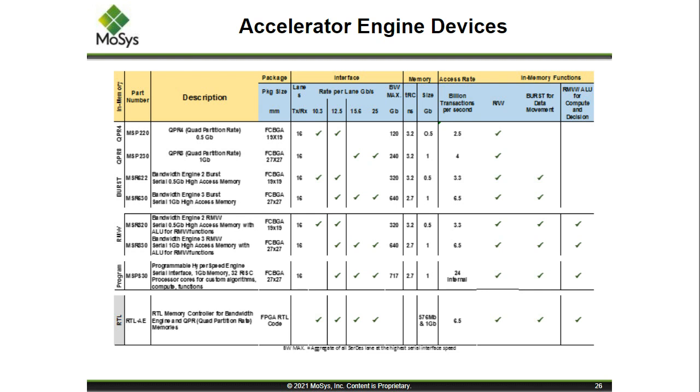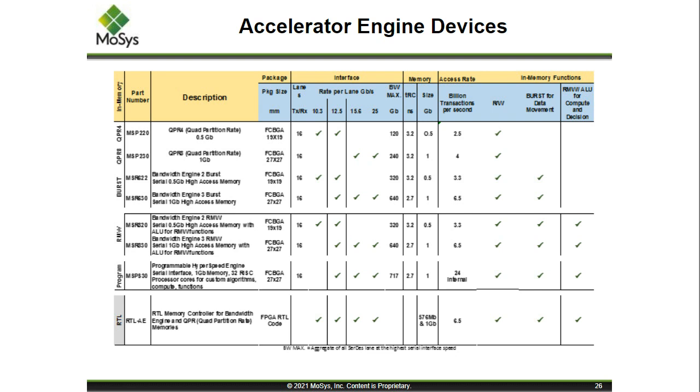You can see that the offerings from MoSys range from the MSP220, which are around 120 gigabit per second devices, up to the programmable HyperSpeed engine, which is up to 717 gigabits of access.